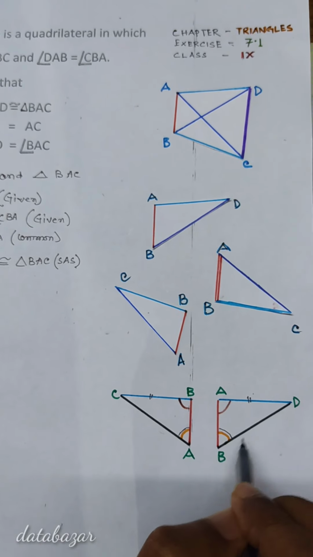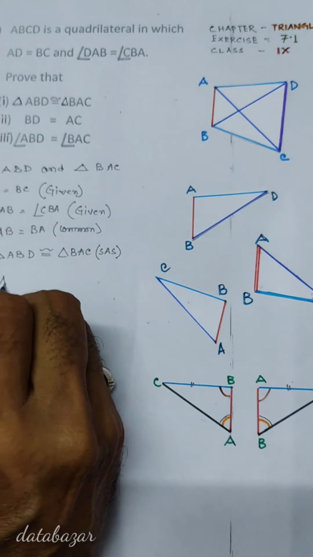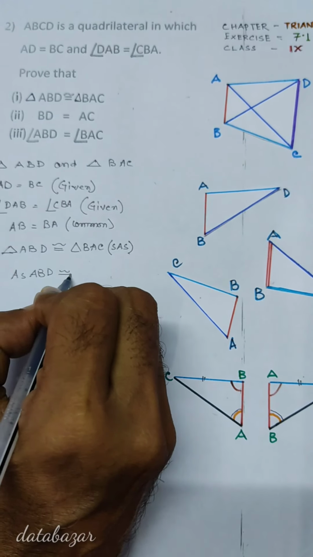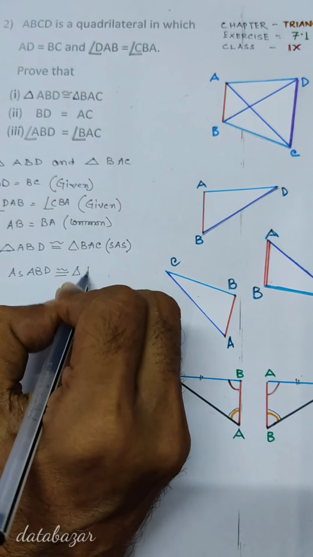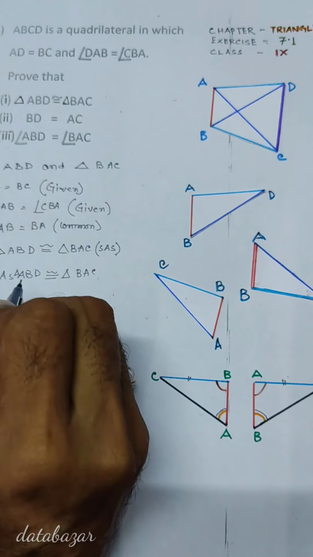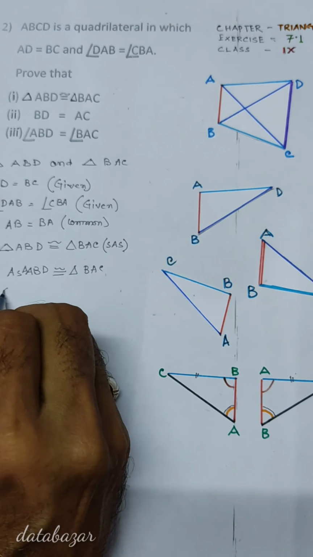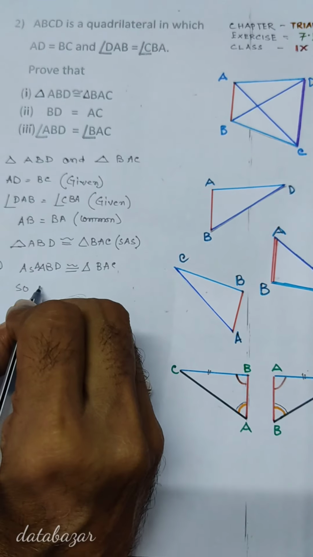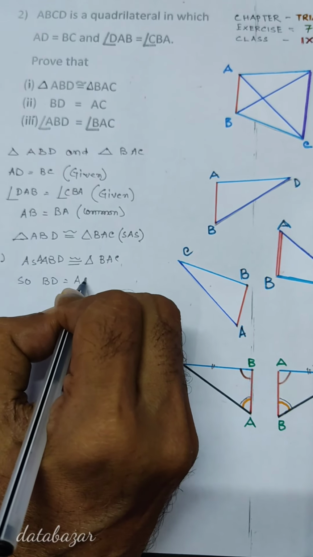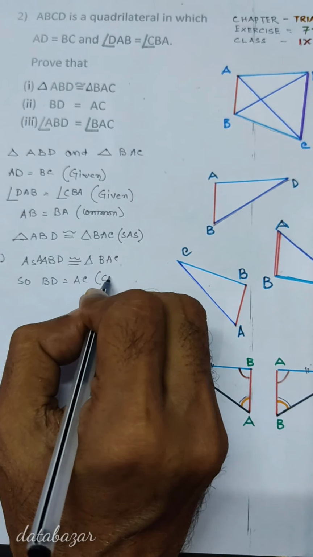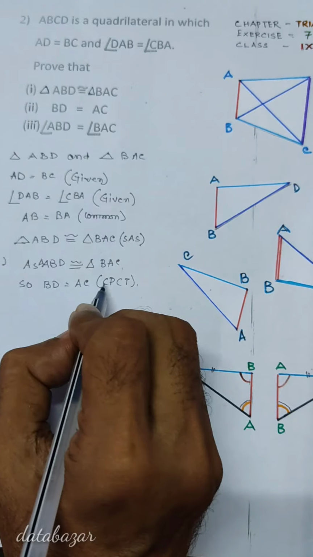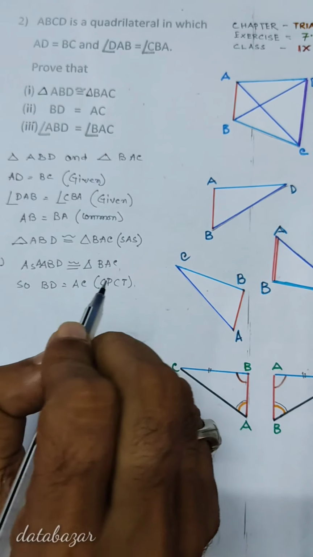So BD is equal to AC. The reason is CPCT, corresponding parts of congruent triangles are equal.